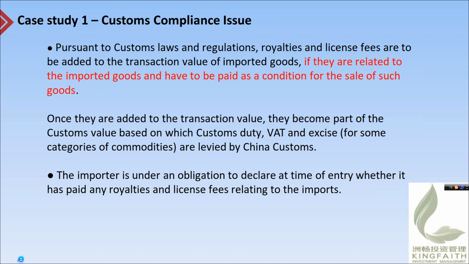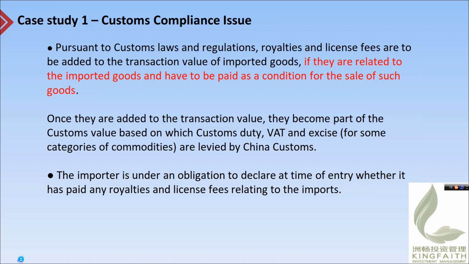But there will be a lot of effort and time to be devoted in this case. The good thing is that there's no concrete requirement in the sales contract that the royalties have to be paid as a condition of the sale of the imported goods.